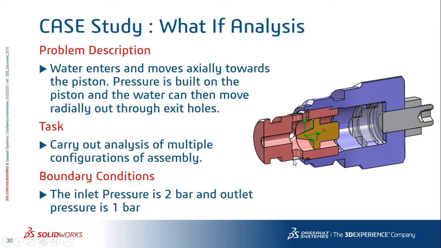So the task is to carry out the analysis of multiple configurations of the assembly. What if I change the location of the piston? What if I change the inlet pressure, how will it affect my wall? Likewise, multiple configurations of assemblies can be run. And these are the conditions: my inlet is 2 bar and outlet is 1 bar.